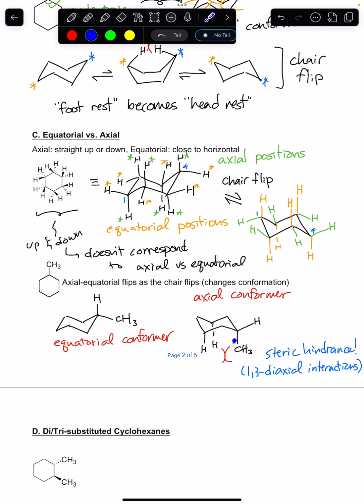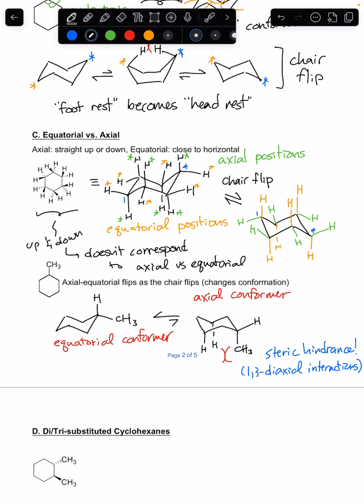So hydrogens at the 1, 3 positions in relationship are having these steric interactions, right? So because of that, this axial conformer is much less stable, and so for that reason, equilibrium lies far to the left, to the equatorial conformer.